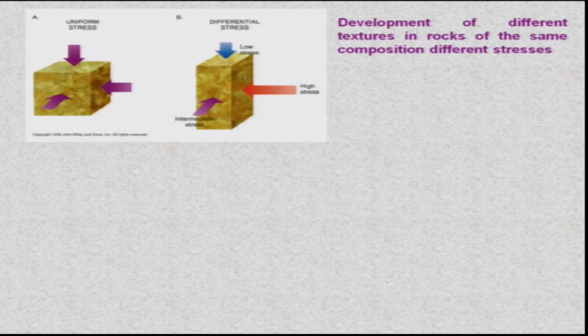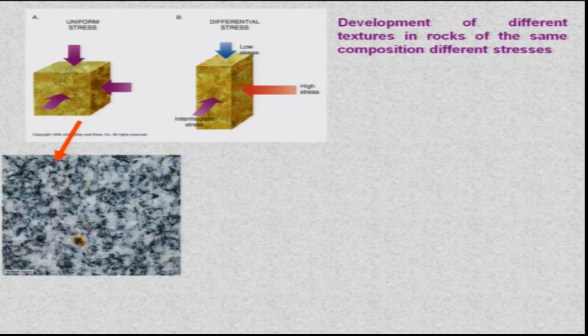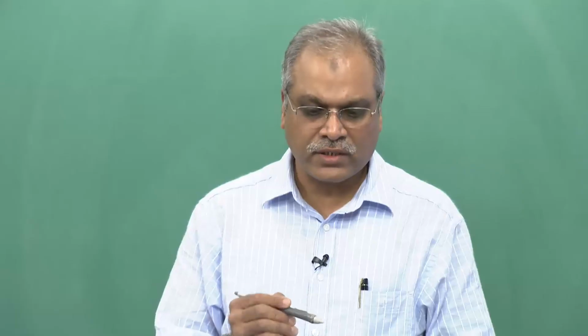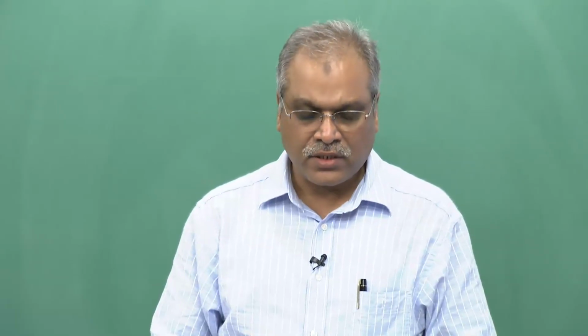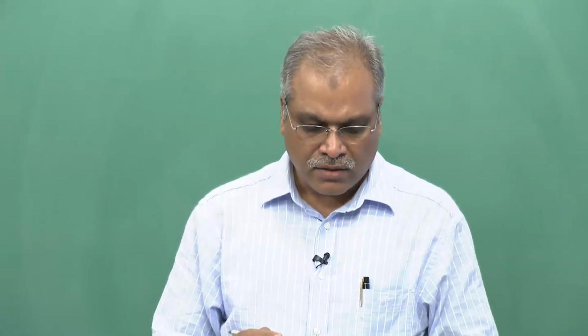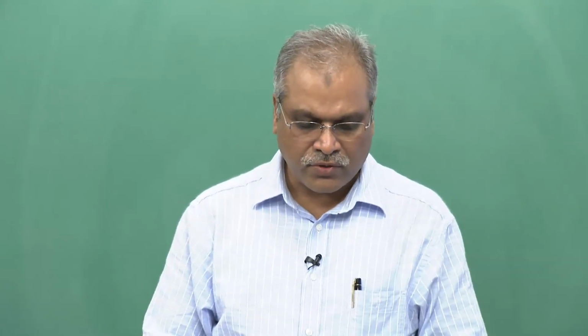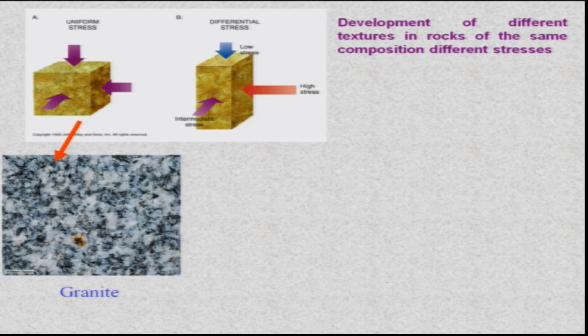So now, for example, consider the development of different textures in rocks of the same composition when subjected to differential stress. Under uniform stress, you will find the formation of granite. Granite is not an extrusive rock, it is an intrusive rock, hence the minerals are uniformly formed. They are not showing any preferred orientation.